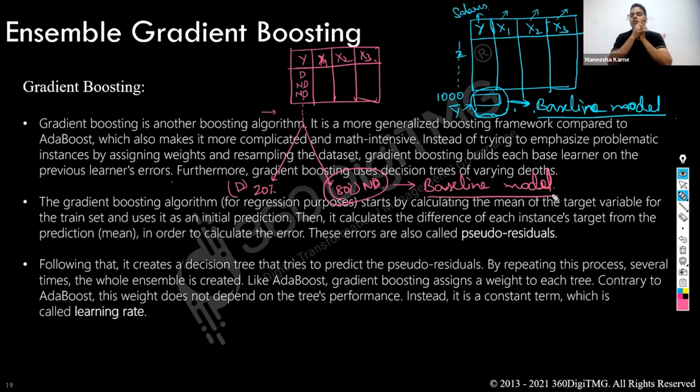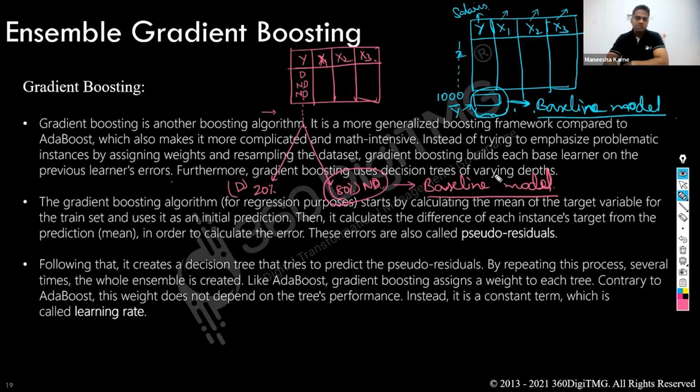So when it comes to the output variable, if it is numeric, we take an average of that. No matter what the new set of inputs are, we just give the average as an output. That's called a baseline model. And when you have categorical data, you go with the majority. If you have more than 2 classes, you go with plurality, meaning whichever class has the maximum percentage would be the output.